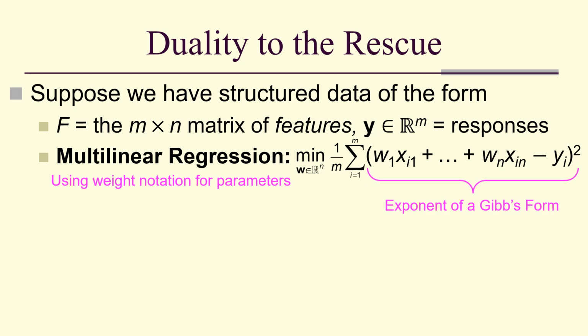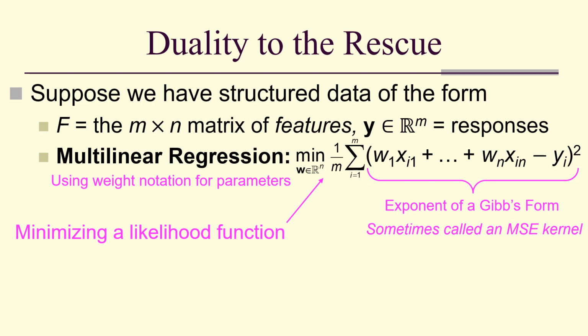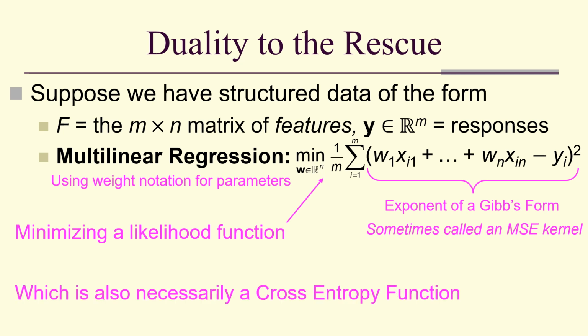The significant thing there is this is the exponent of a Gibbs form inside the summation, which means that this mean squared error kernel in an exponent of a Gibbs form says we're minimizing a likelihood function. And if we're minimizing a likelihood function, then we're necessarily minimizing a cross entropy function.